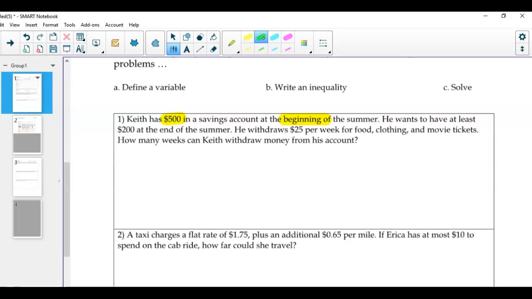He wants to have at least $200 at the end. He withdraws $25 per week for those items. And we're trying to figure out how many weeks he can withdraw money from his account.